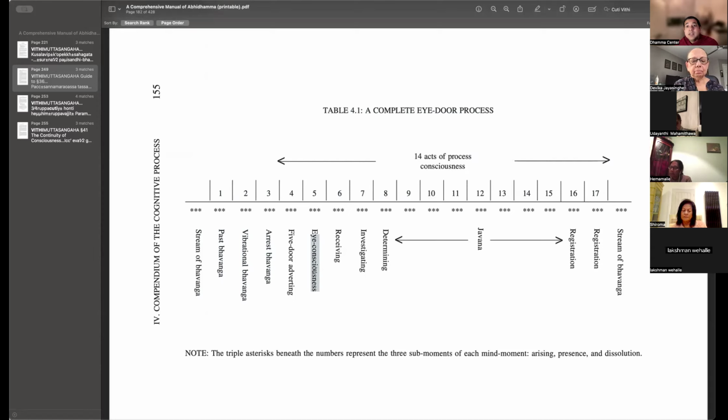Right? So this talks about the functions taken ahead. Like Patisandhi function is not here, Cuti function is not here. But other than that, of course, the Bhavanga function is there, adverting, eye consciousness, Dvipancha Vinnana, receiving 3, investigating 4, determining 5, is already Avajjana, Javana 6, registration 7.